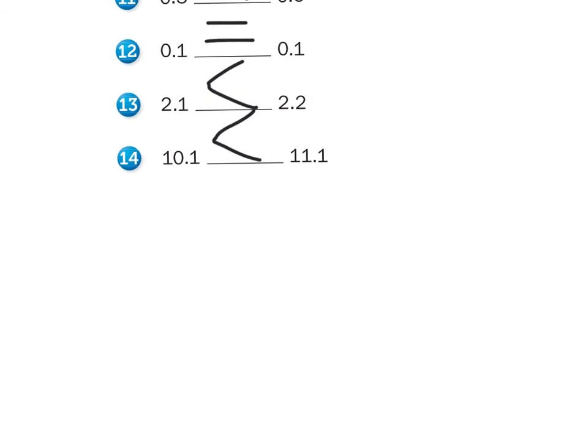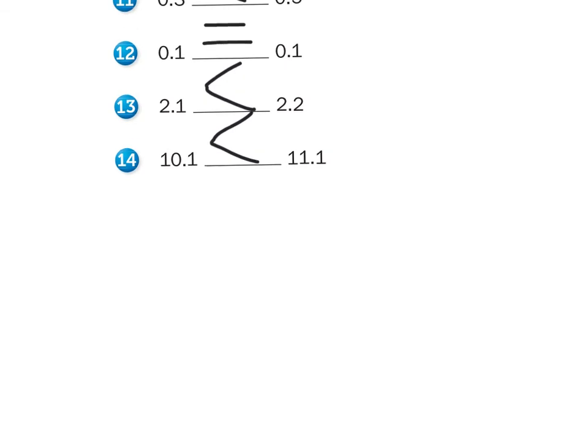So when you're comparing the ones with the whole numbers, 14 for example, it's 10 and 1/10 compared to 11 and 1/10. Well, right away, 10 is smaller than 11. So 10 and 1/10 is less than 11 and 1/10.